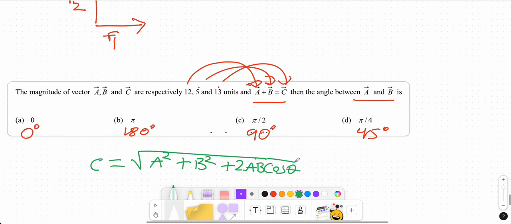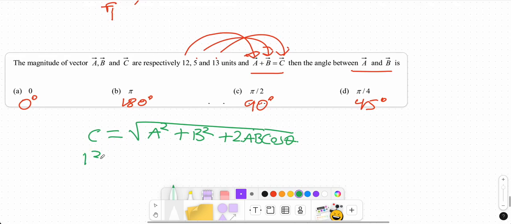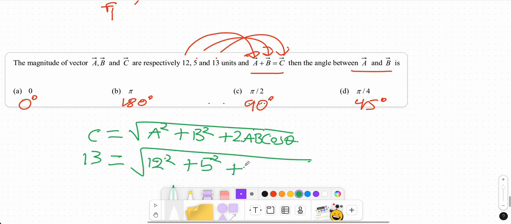Now C is 13, A is 12, B is 5 plus 2AB, 13 into 5 cos theta.